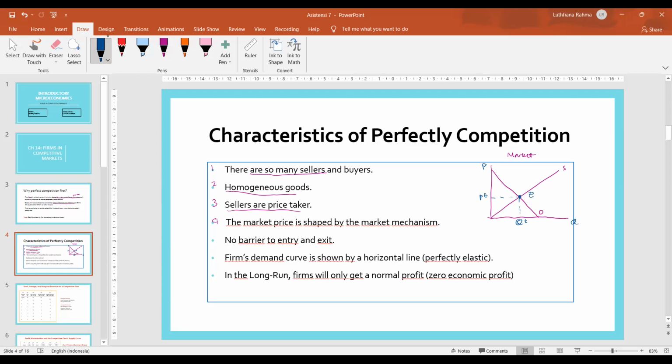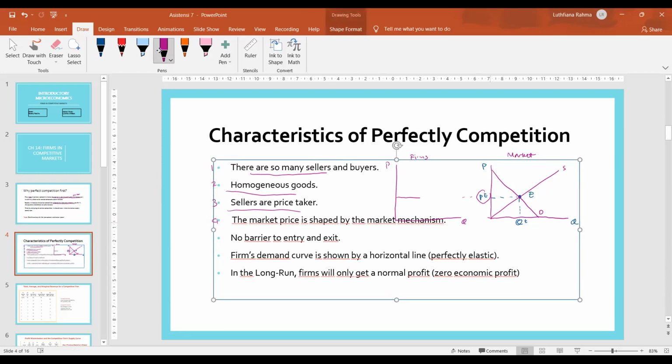Here the market price is PE, so the seller will take PE as its price. Here we have the firm's curve, with price and quantity. The firms will take the market price that is shaped in the market, so here we have PE. Wait, sorry.